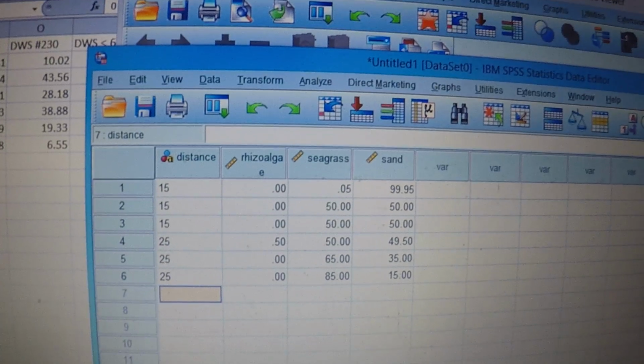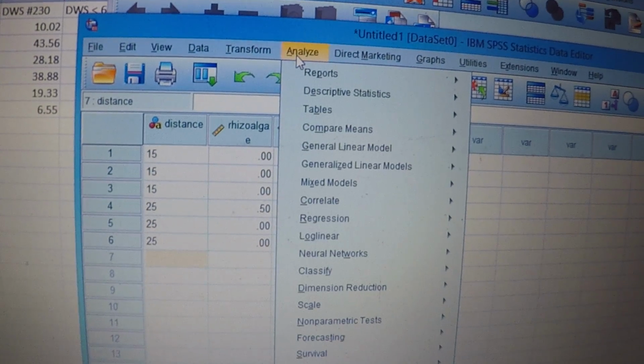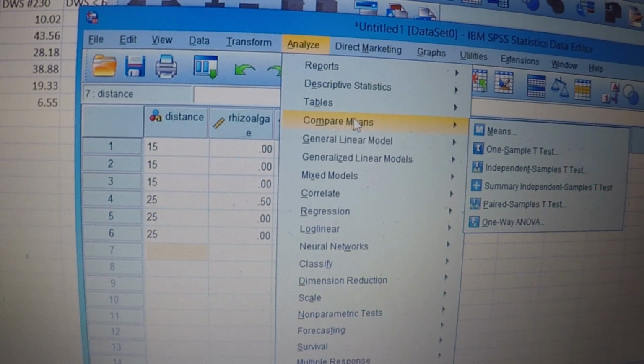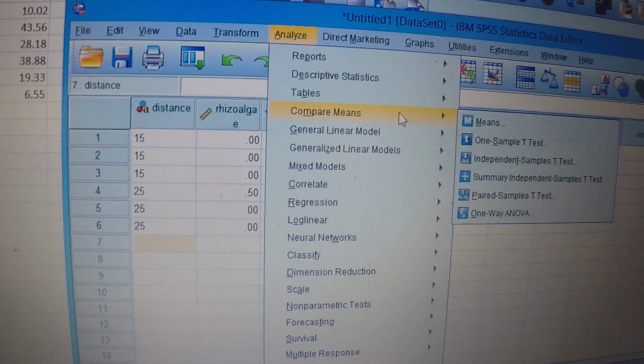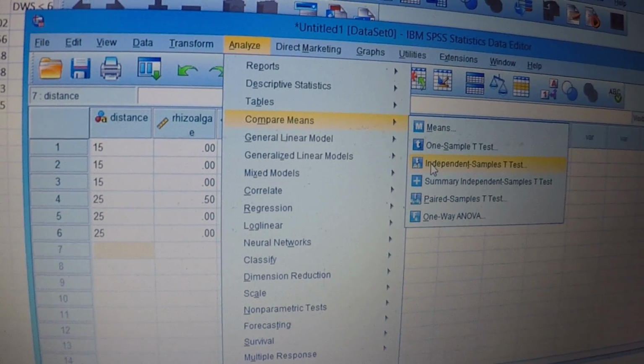So in this case, I am going to go to Analyze, Compare Means, Independent Samples t-test.